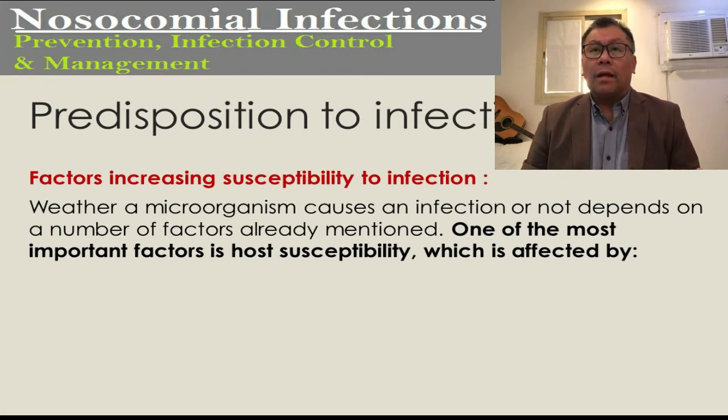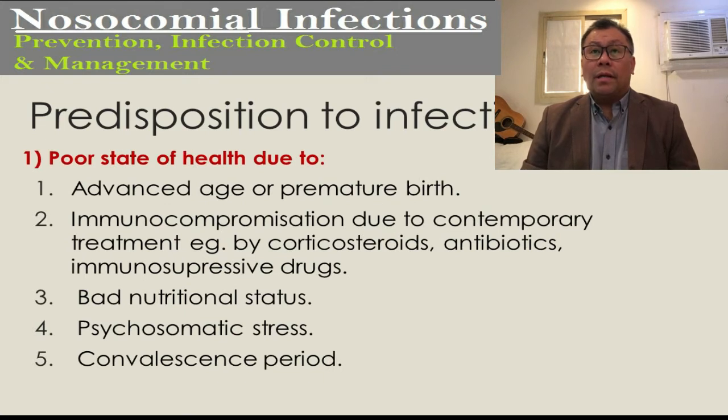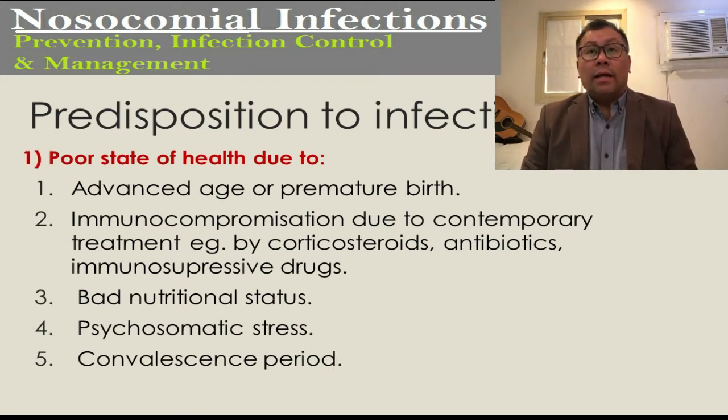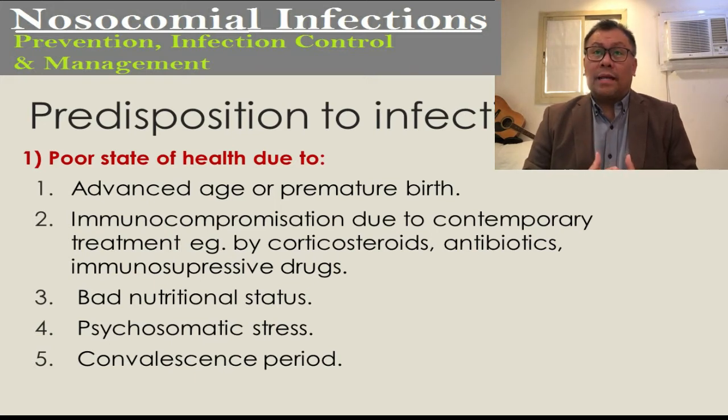Whether a microorganism causes an infection depends on a number of factors. One of the most important factors is host susceptibility, which is affected by a poor state of health due to, number one, advanced age or premature birth.